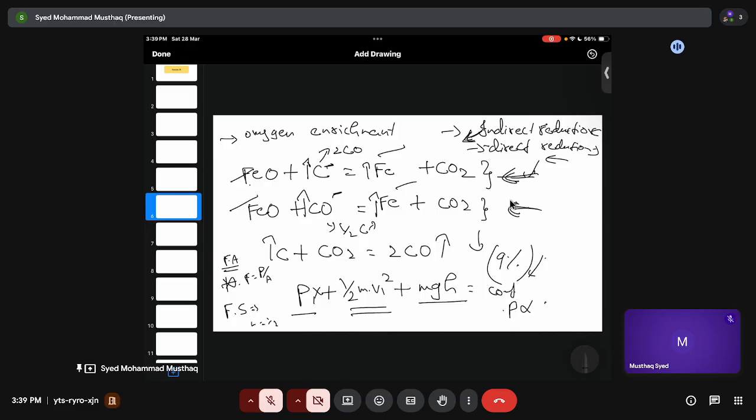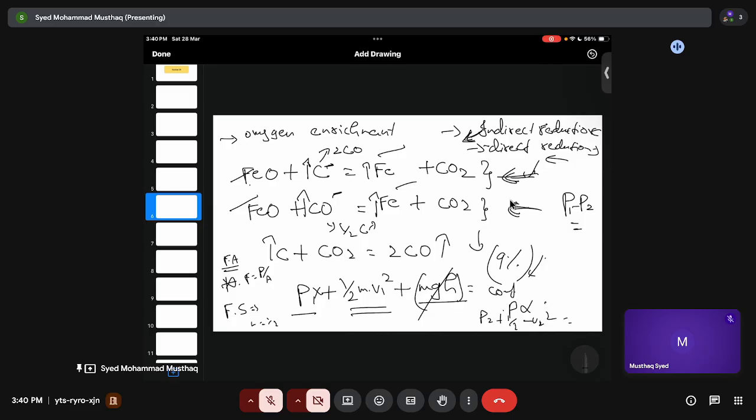So again there is the next term, P2 plus half m V2 square. You can take it at a height, and you can keep that height as a constant. Now, when you try to solve this, P1 minus P2 will be equal to half m V1 square minus half m V2 square.